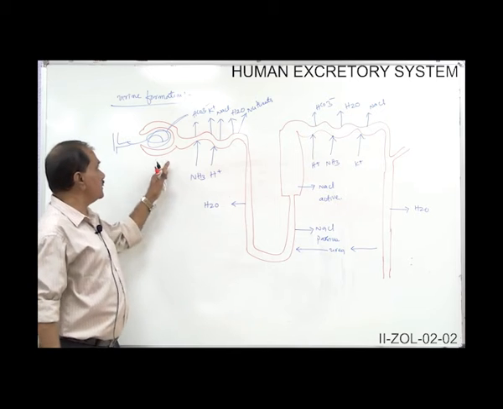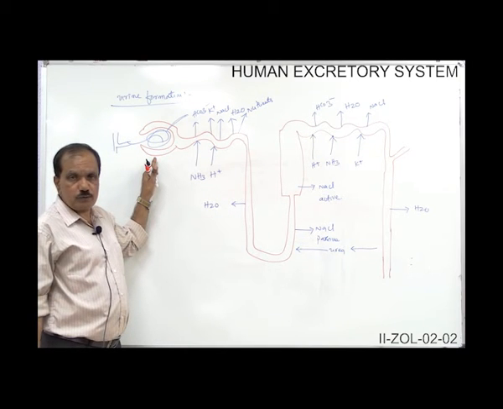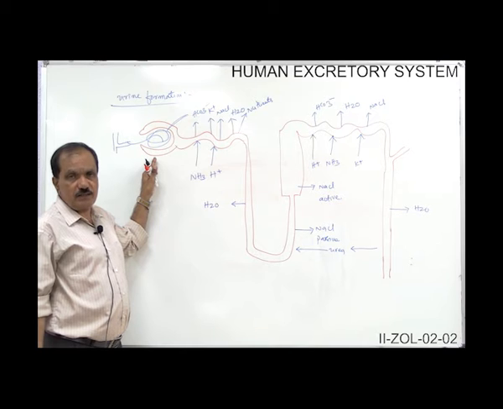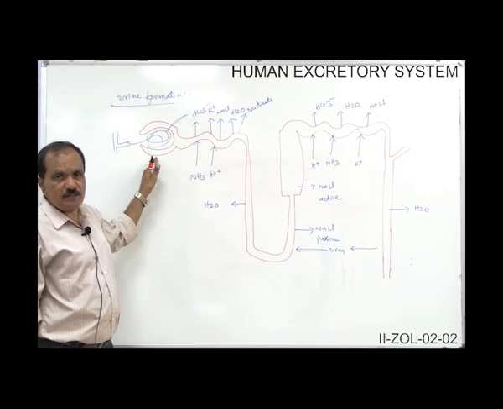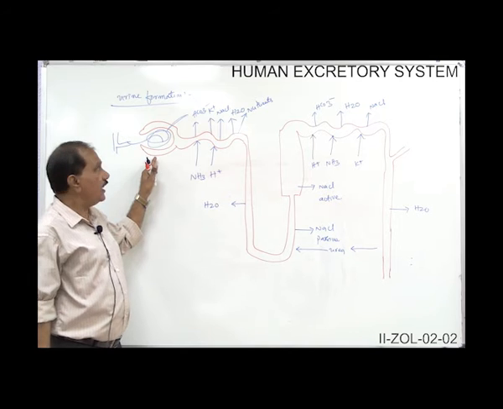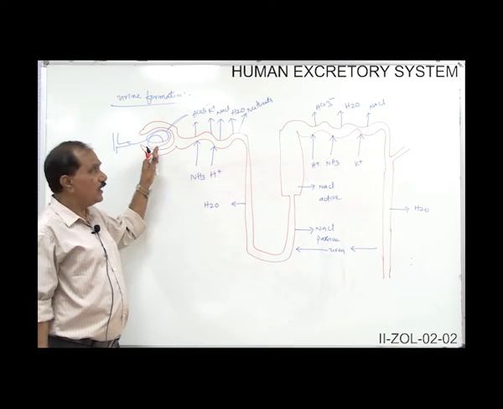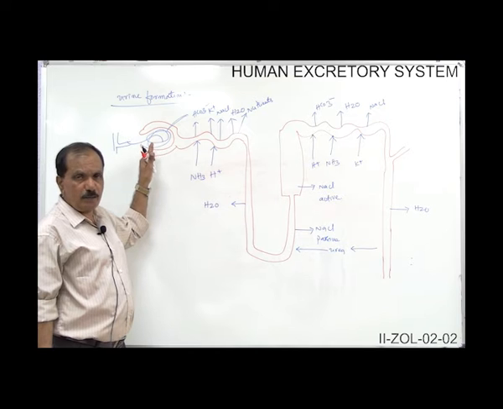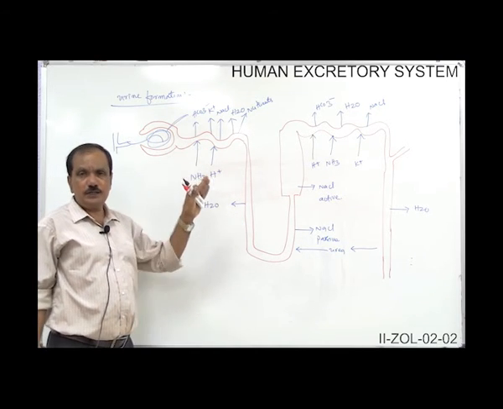So dear students, in the case of the Bowman capsule, the ultrafiltration results due to the differences in the hydrostatic pressure, which amounts to a value of 10, resulting in the formation of the ultrafiltration and the production of the primary urine in the Bowman capsule. Once the primary urine is produced in the Bowman capsule, it passes into the urinary tubule.